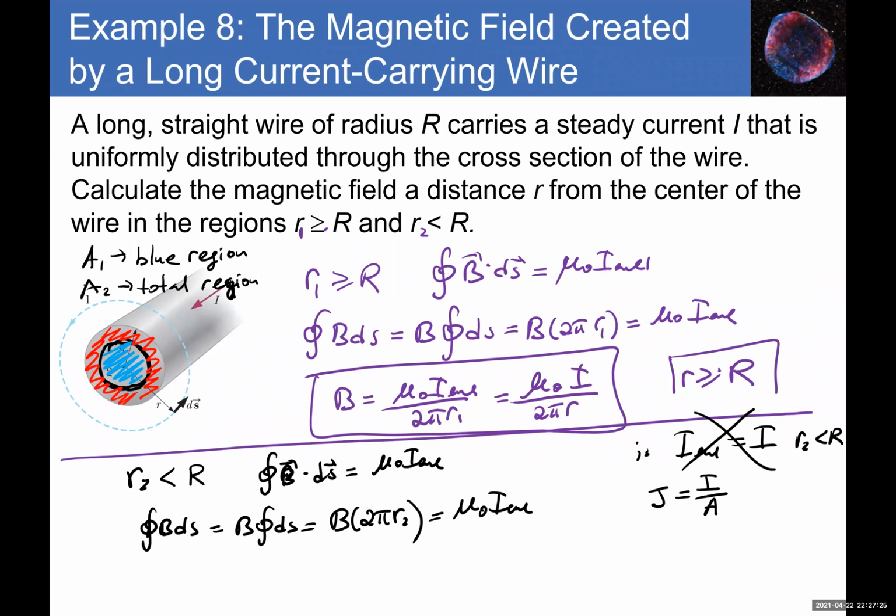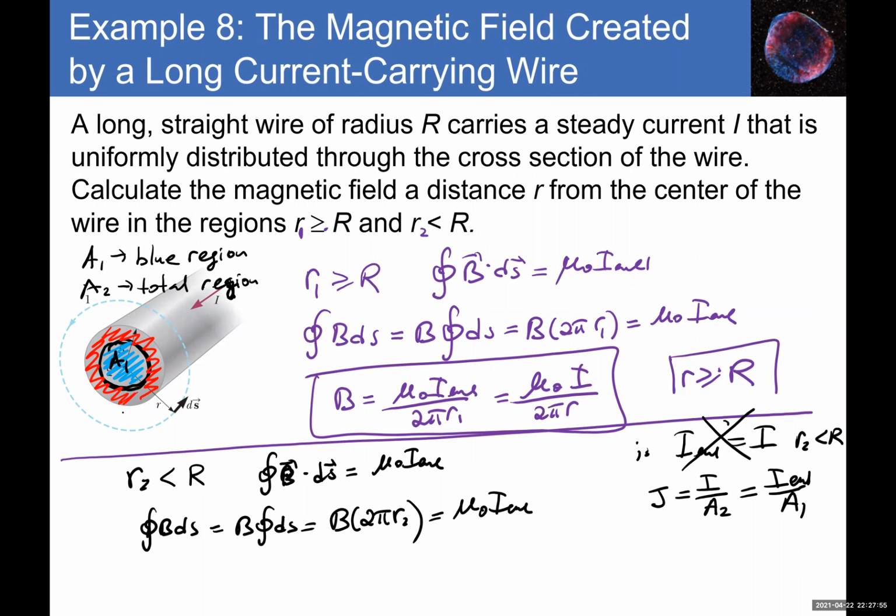Current density is equal to the total current divided by the total area. So let's call this I2. But this will also be the current density. Current density will also be equal to the ratio of my current enclosed divided by area one, because my current here is only in this area one.